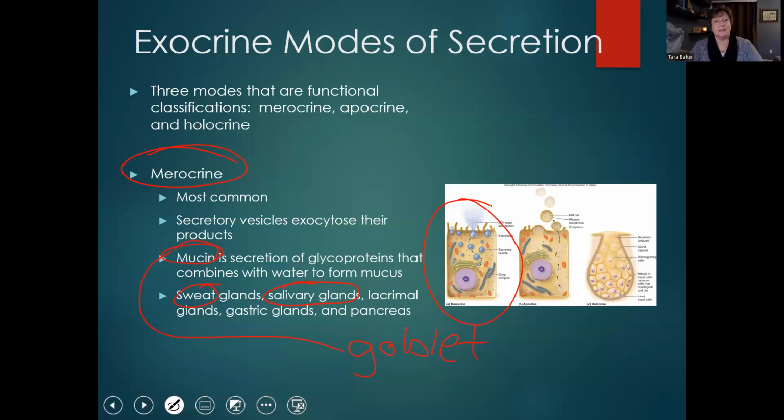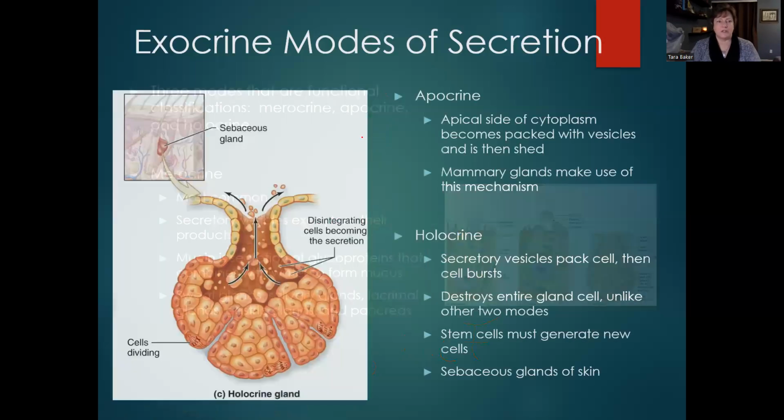If I have my cell here, whatever's inside this space is going to be exocytosed. Remember, it's puking things up. Remember exocytosis? It's when a vesicle ends up at the cell membrane and then opens up and releases its fluids. So that's the merocrine glands.